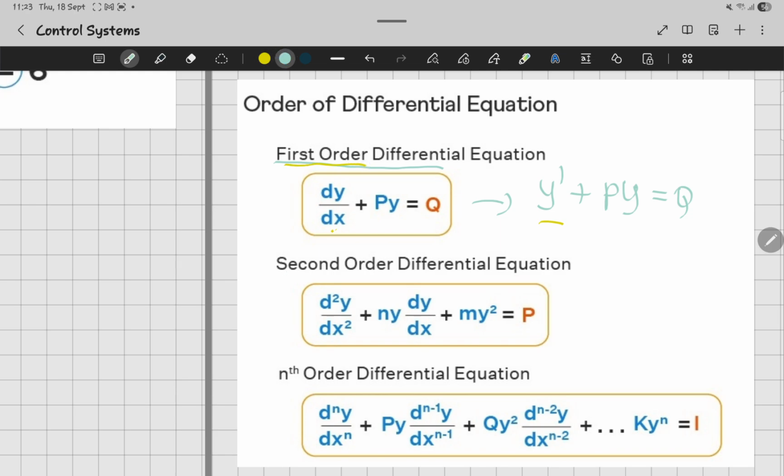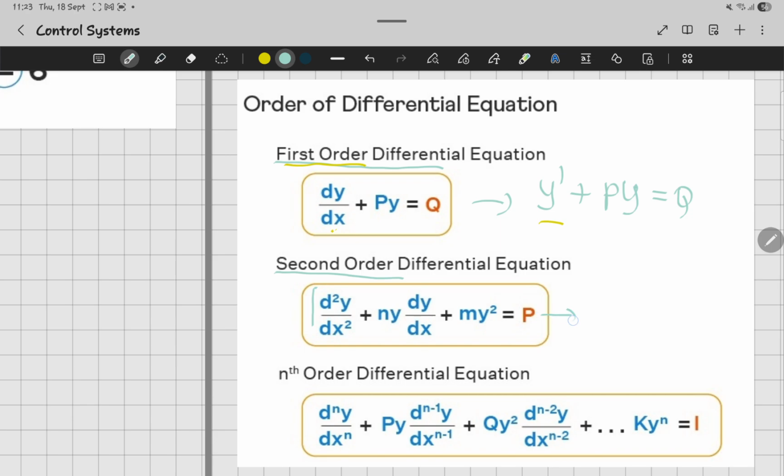Now here you can see the second derivative. The reason we call it second order is that the highest derivative has a power of 2.